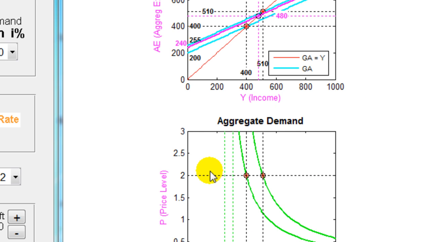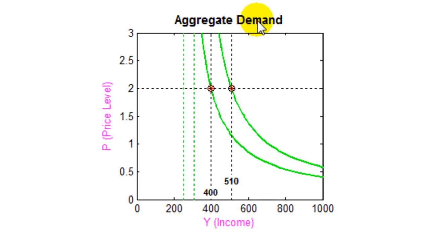And finally we go to the aggregate demand curve, in which we have seen this in previous videos. If what changes is the price level, then we are not going to have a shift, we are going to move along this aggregate demand curve, so we will go up about here. Okay, so this is the new equilibrium, so we pass from here to here.